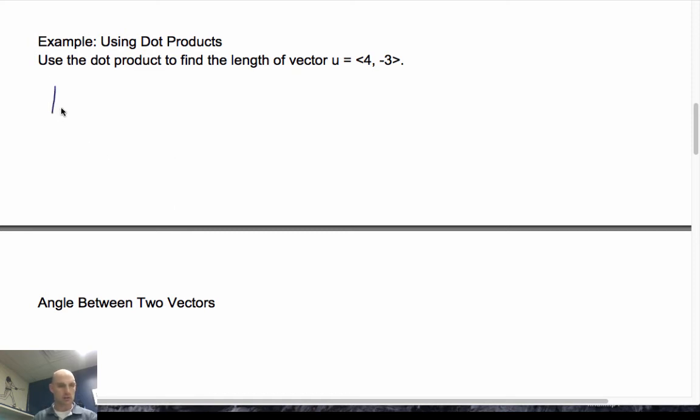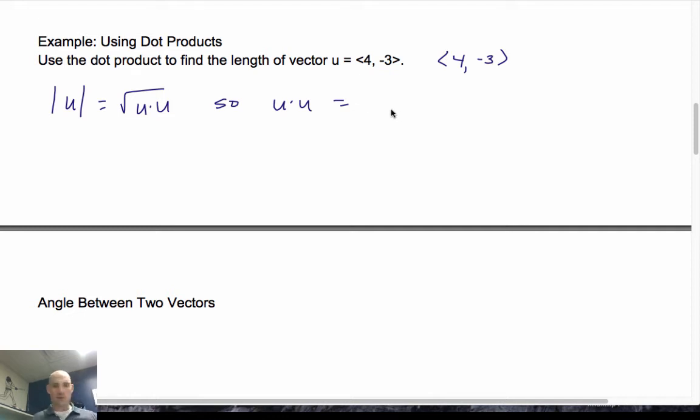So the magnitude of u is going to be the square root of the dot product of u with u. What we're doing is taking (4, negative 3) and taking the dot product with (4, negative 3).